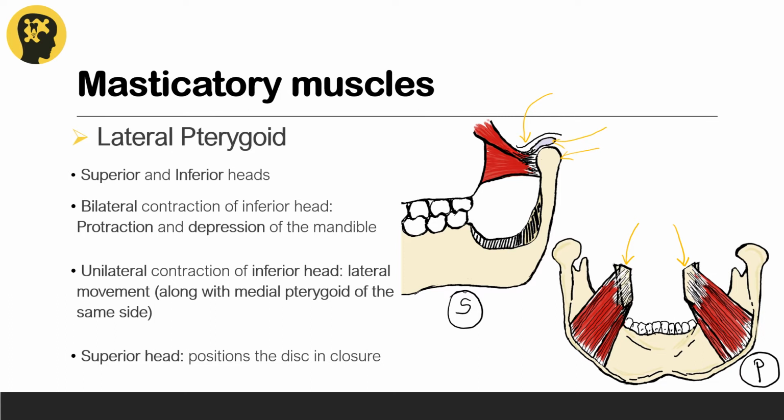Now the lateral pterygoid muscle has a superior head and an inferior head. Let's look at the inferior head first. The inferior head originates on the lateral aspect of the lateral pterygoid plate of the sphenoid and inserts onto the neck of the condyle, on the pterygoid fovea to be more precise.